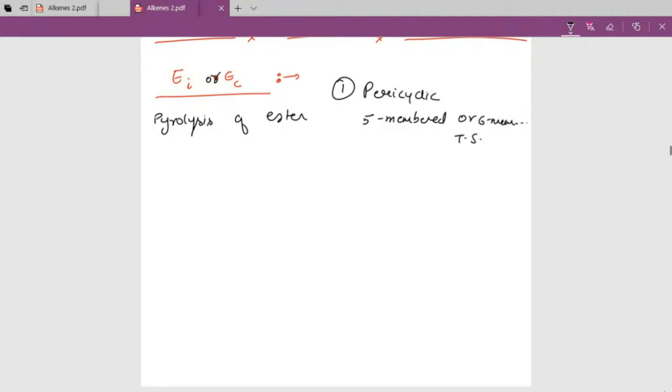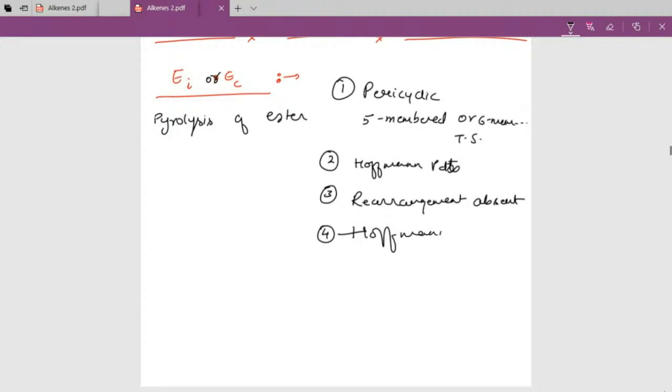That is first. Second, it always forms Hoffman products. Rearrangement is not possible; rearrangement will be absent. As a rule, always Hoffman products. Oh sorry, we have already written that. So it is a syn elimination reaction.